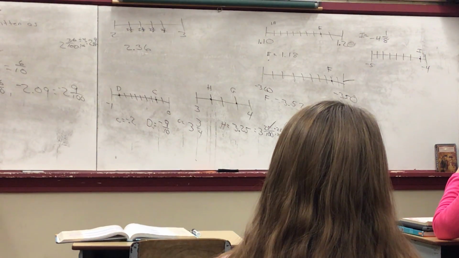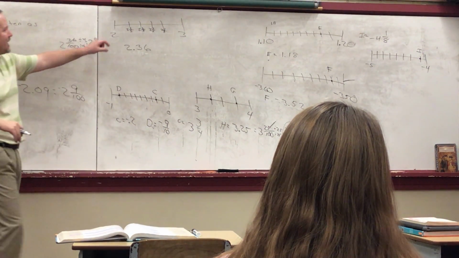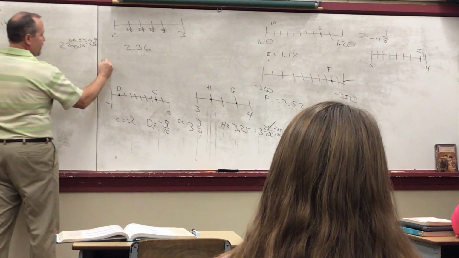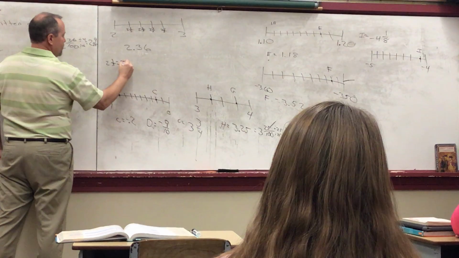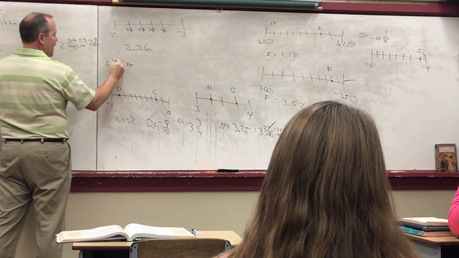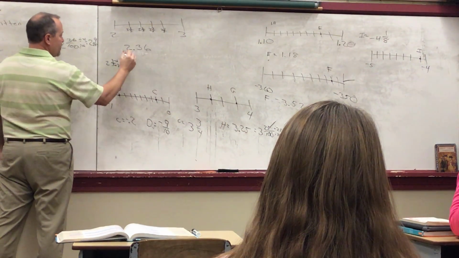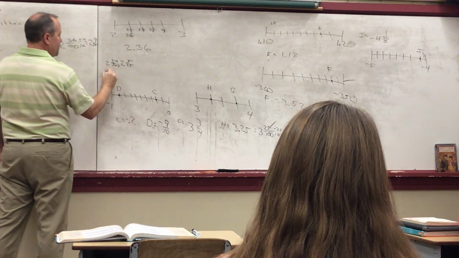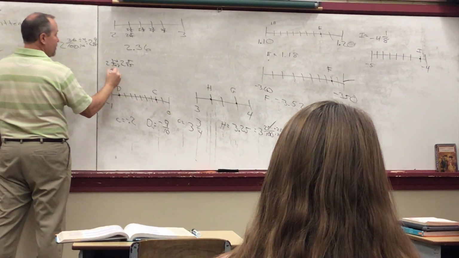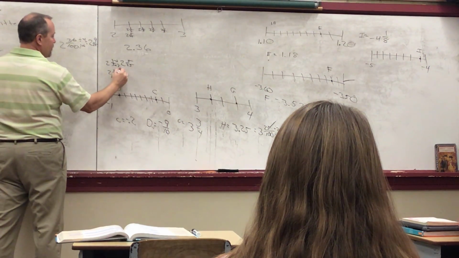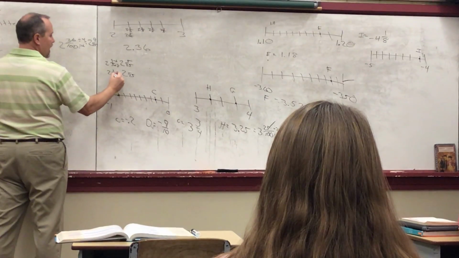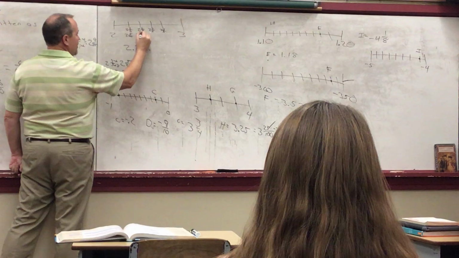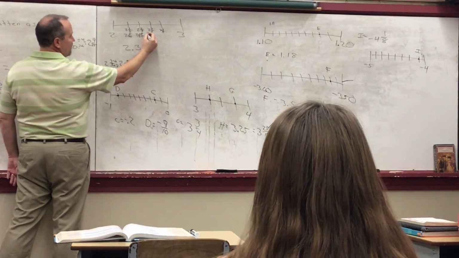Now, the next thing we would need to do is get equivalent fractions for each one of those. So 2 and 1/5 would be equal to 2 and something over 25. 5 times 5 gives me 25, so this is the same as 2 and 5 over 25. 2 and 2/5 would be 2 and 10/25.